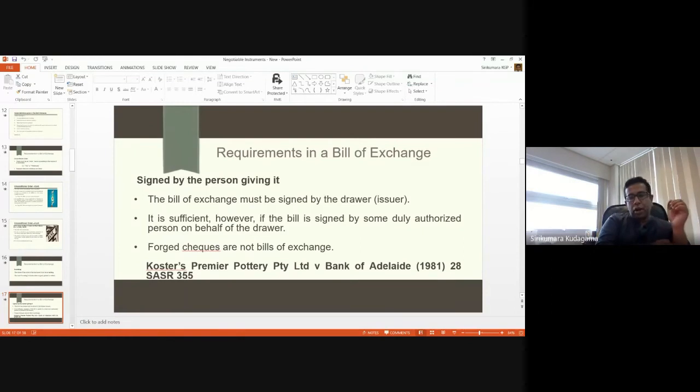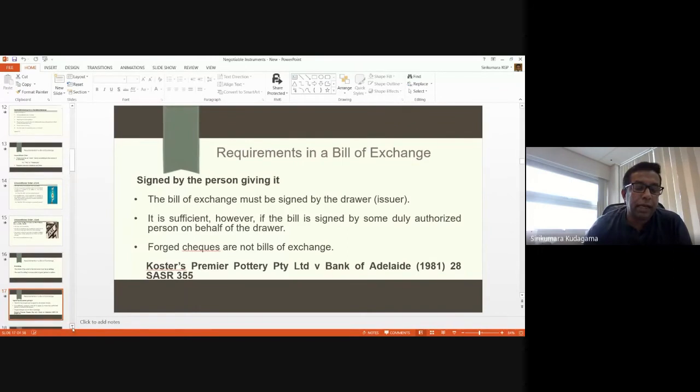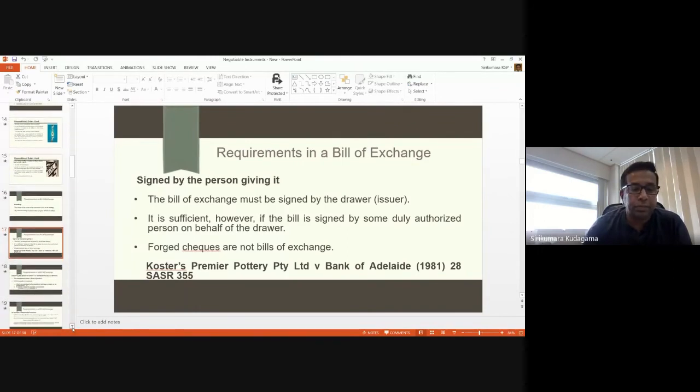Forged checks are not bills of exchange, because it has not been signed by the person giving it. It is purportedly signed by the person giving it, but actually not. That is why sometimes this argument comes up that a forged check is not really a bill of exchange. It cannot be valid, right? So there is a requirement that it needs to be signed.